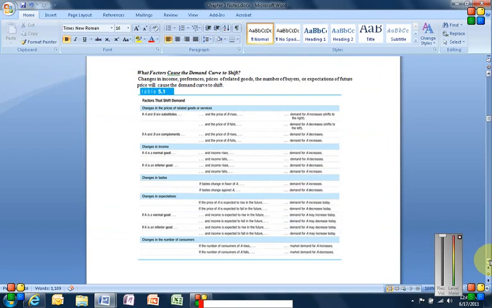The last one we'll talk about has to do with prices of related goods, specifically substitutes and complements. So a substitute is something that is competition. Let's say we're sticking with the example of iPhones, and a competitor is the BlackBerry.